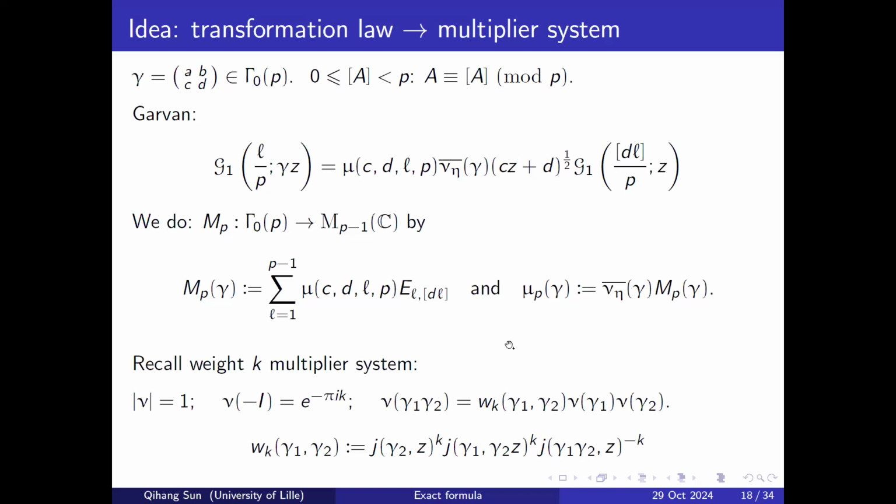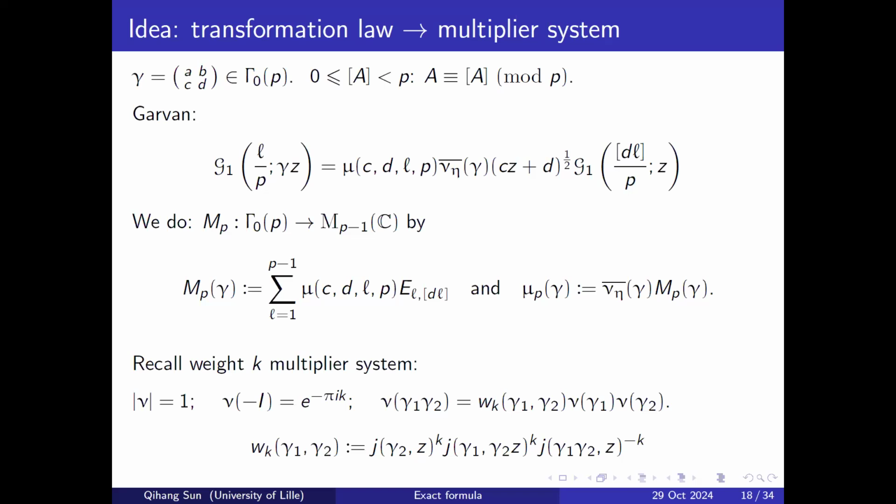We can recall the scalar valued theory of multiplier systems. Its absolute value has to be 1. When you transform by minus I, it has to be this one. And it has some compatibility requirements if we take the product of two matrices.